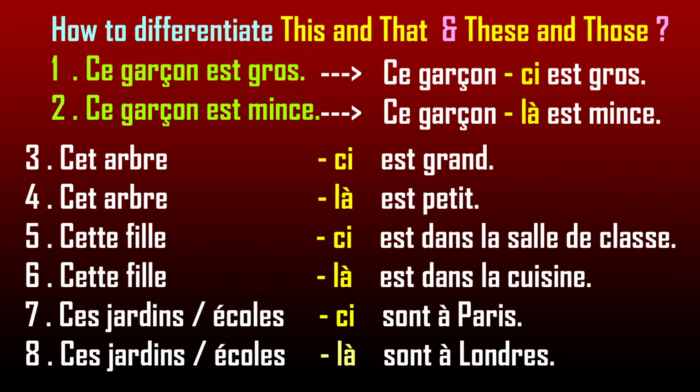Those gardens or those schools are in London. Therefore, please understand that you can always add ci and là in order to specify this and that, as well as these and those. With this, we come to an end of learning demonstrative adjectives in French.